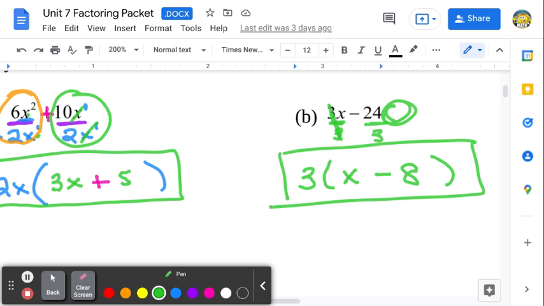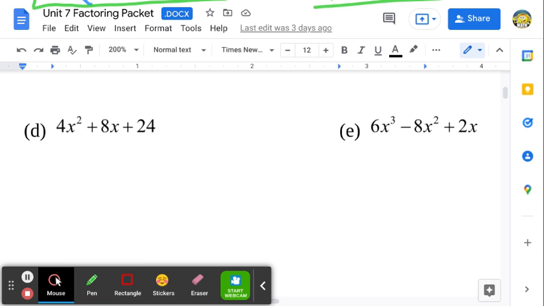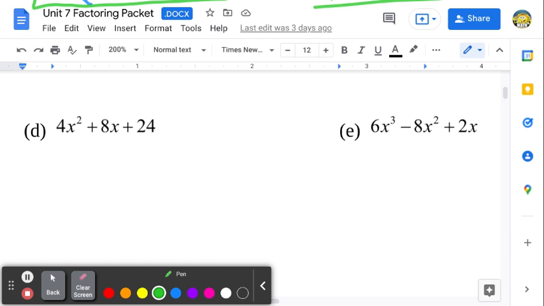We are going to skip around now, and then you're going to go back and fill in the blanks. I would like to do D and E, and then you'll do the rest on this page. For letter D, this is what we call a trinomial. There are 3 terms. Remember, we're separating things by plus and minus signs. So now to find the GCF, you have to find out what goes into each term.